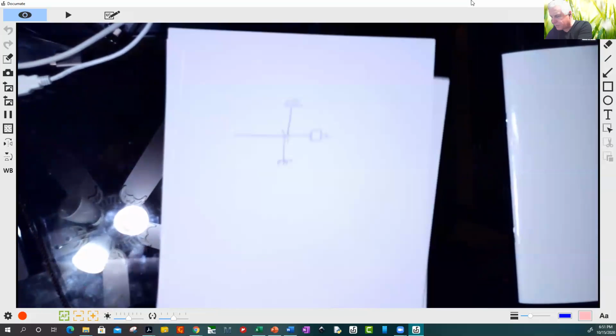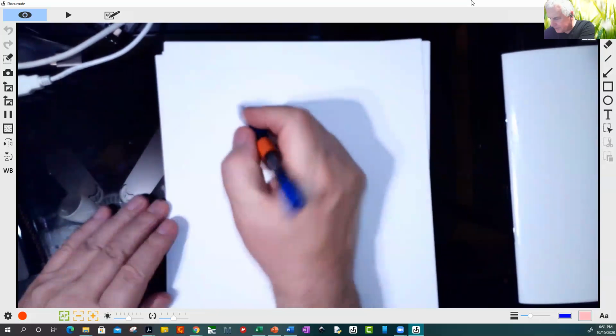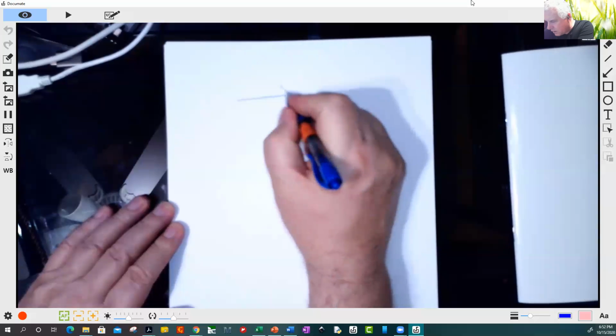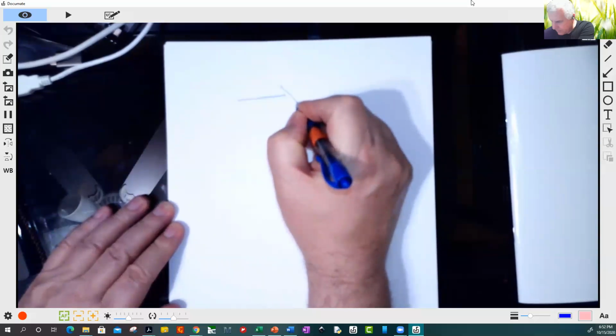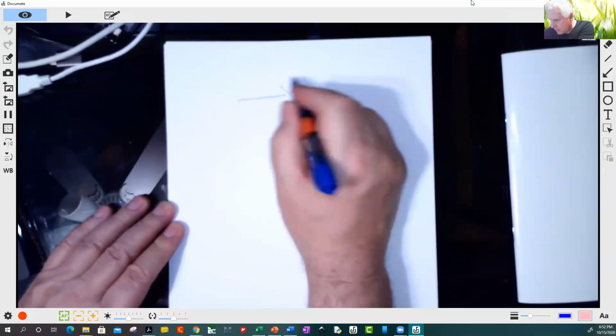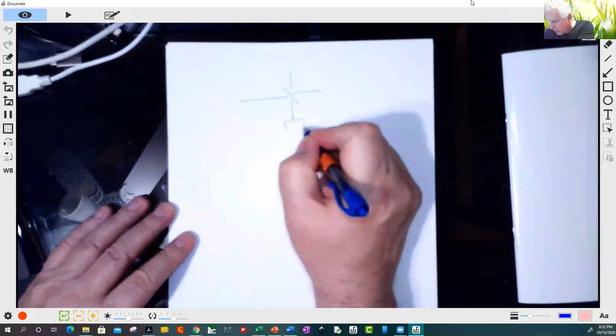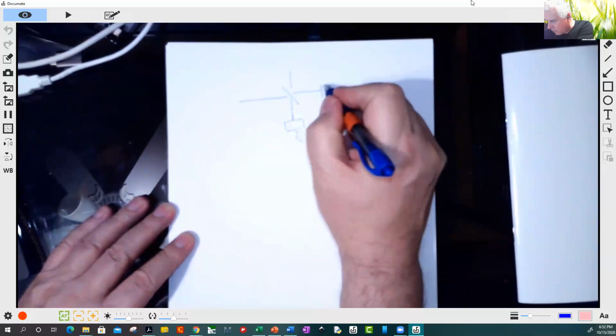Sorry, I messed that up. It's a light source, beam splitter, and then the detector down here. You've got two mirrors.